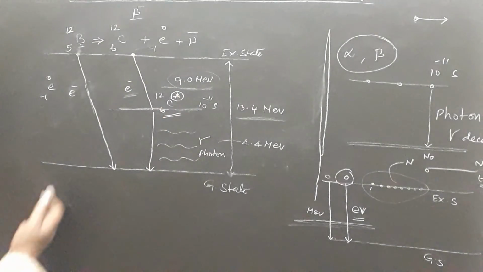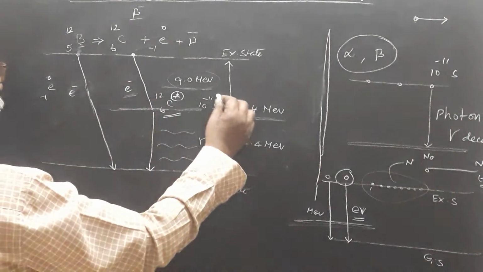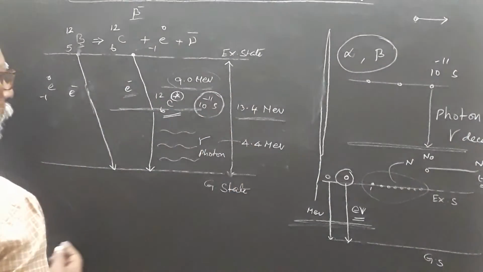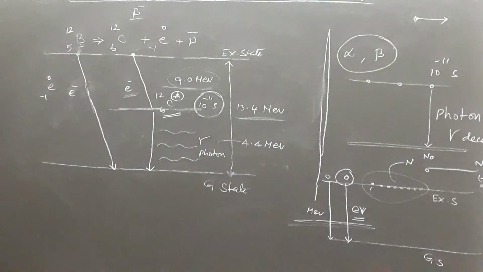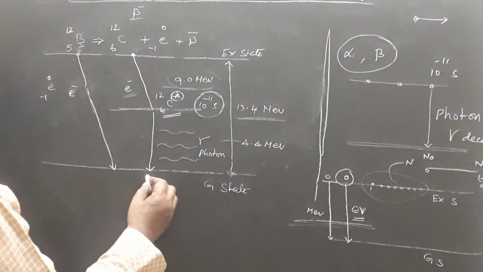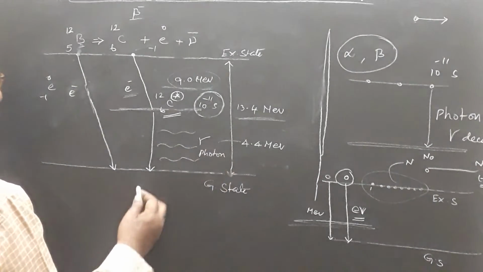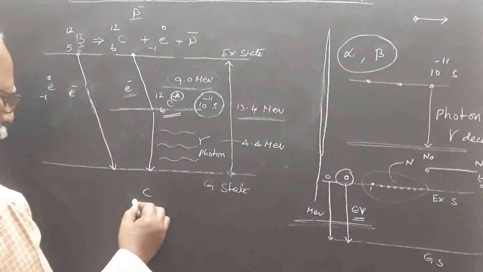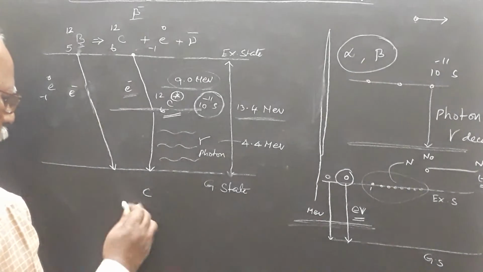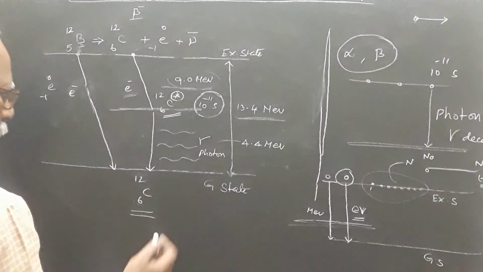It remains here for only about 10 power minus 11 second, then comes back to the ground state. During this period there is an emission of a photon, and then we get stable carbon 6C12 in the ground state.